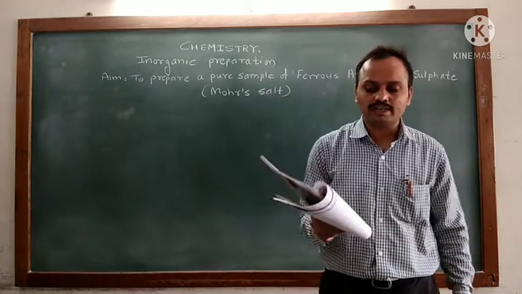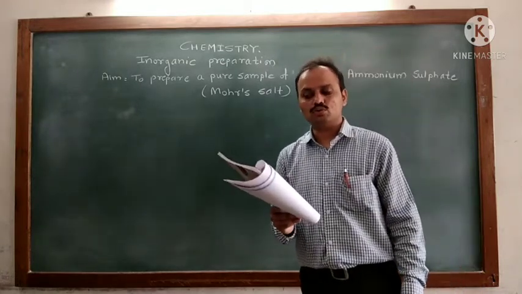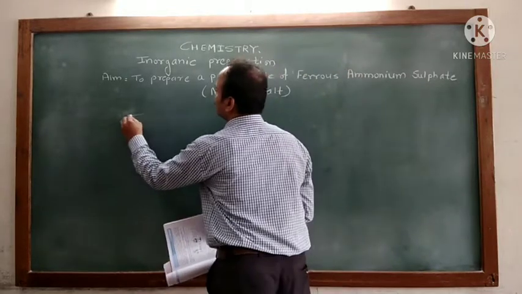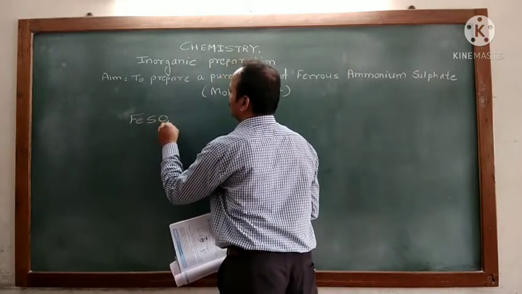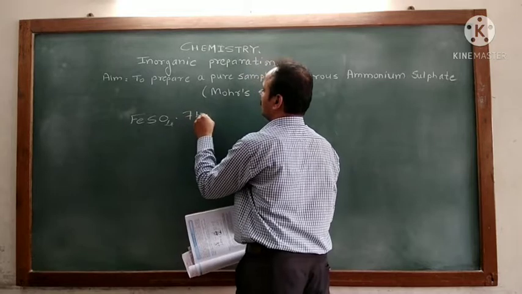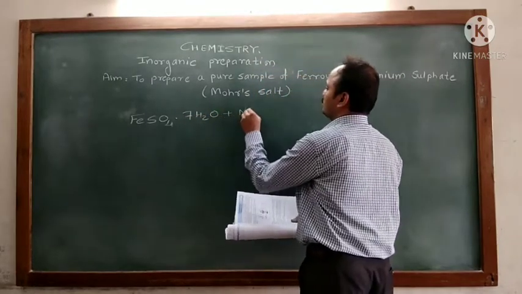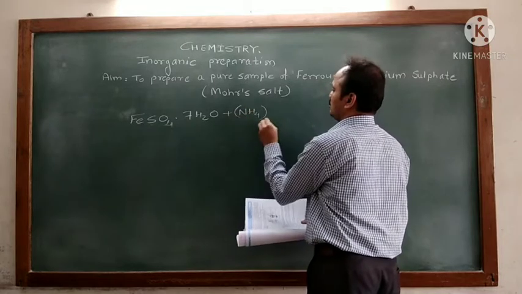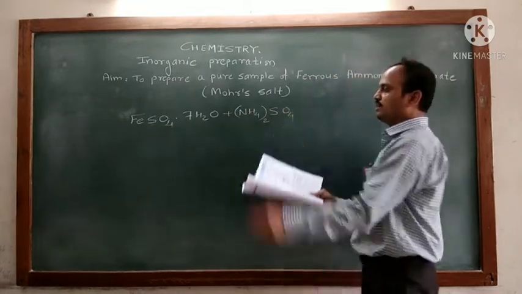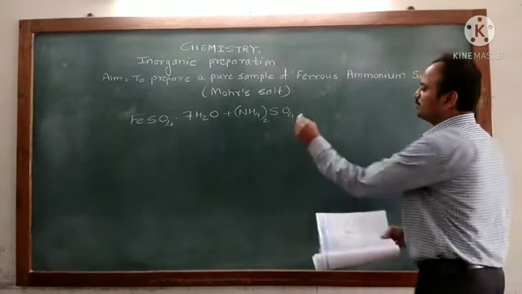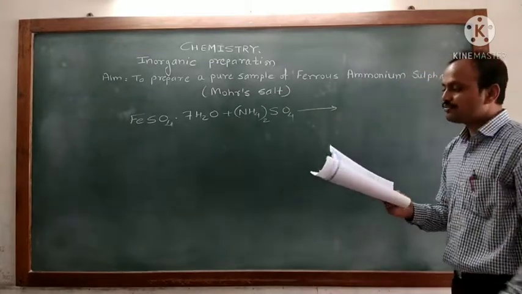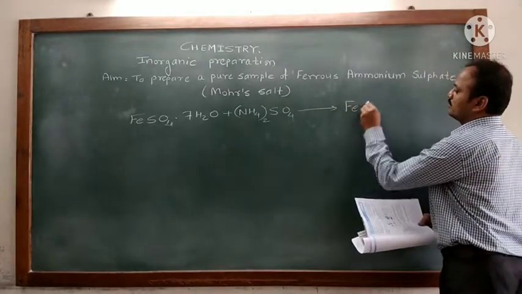Students, now I will write the chemical equation. We have to take ferrous sulfate plus ammonium sulfate, and we get ferrous ammonium sulfate.